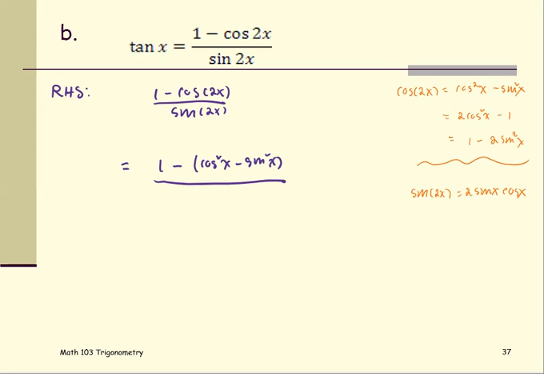And all divided by the sine of 2x, which can be replaced with 2 times sine x times cosine x. And after that, we're going to simplify the numerator by distributing the negative sign into the parentheses. So 1 minus cosine square x plus sine square x, all divided by 2 times sine x cosine x.